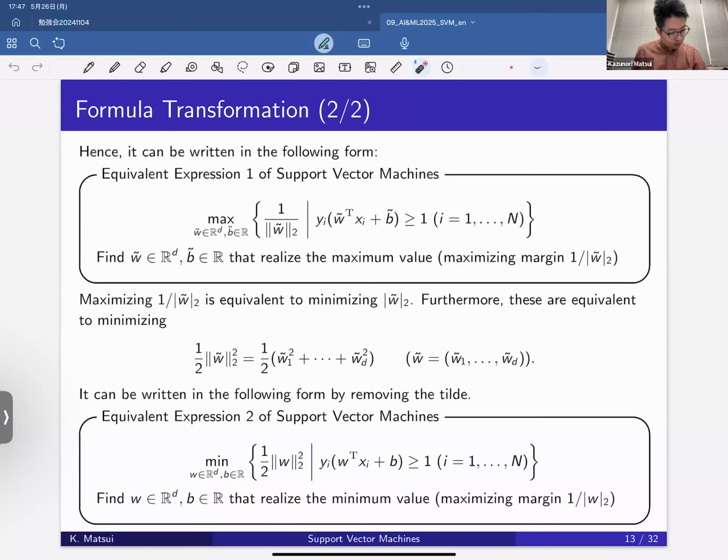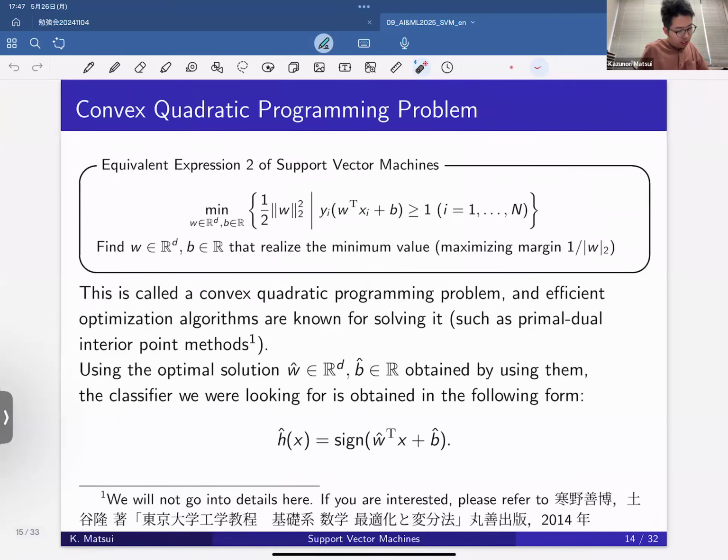You might wonder if this can be solved, but actually this is called a convex quadratic programming problem. And efficient optimization algorithms for solving this are known. There are various methods, for example the primal-dual interior point method, but we will not discuss details here.